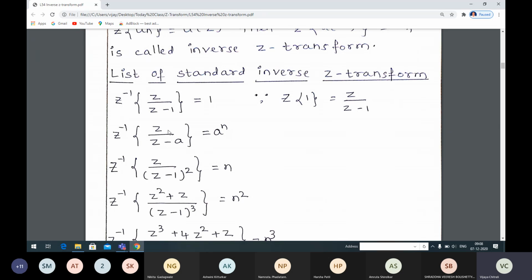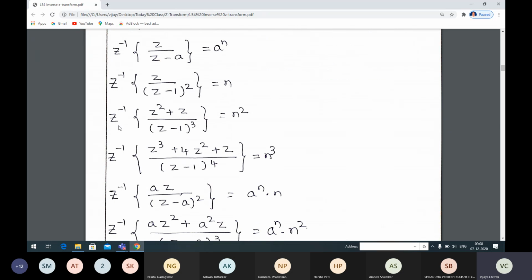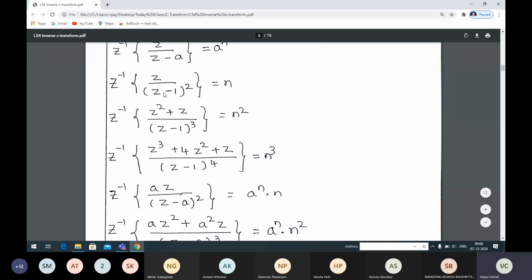Similarly, Z inverse of Z divided by Z minus A is A raised to n. And Z inverse of Z divided by Z minus 1 raised to 2 is n. And Z inverse of Z square plus Z divided by Z minus 1 raised to 3 is n square. Z inverse of Z cube plus 4Z square plus Z divided by Z minus 1 raised to 4 is n cube.